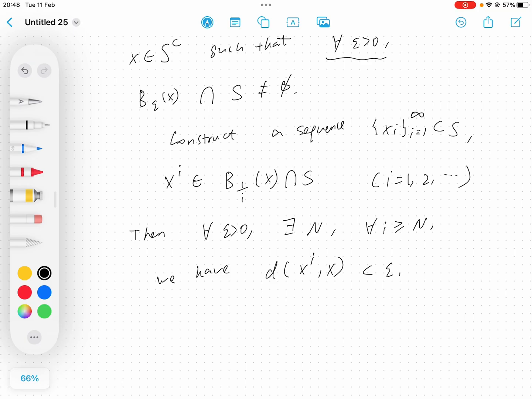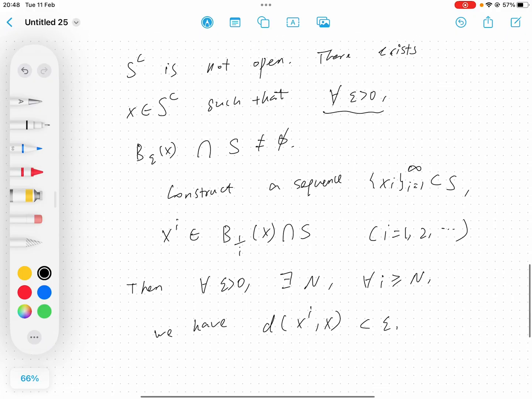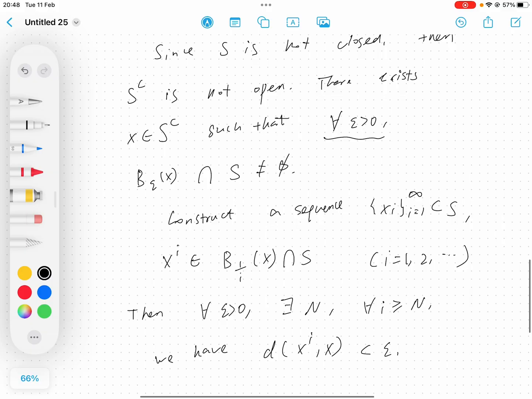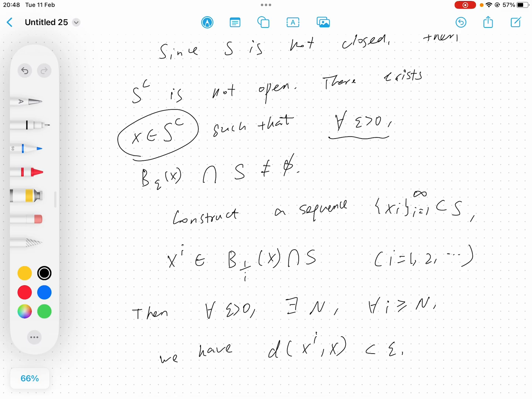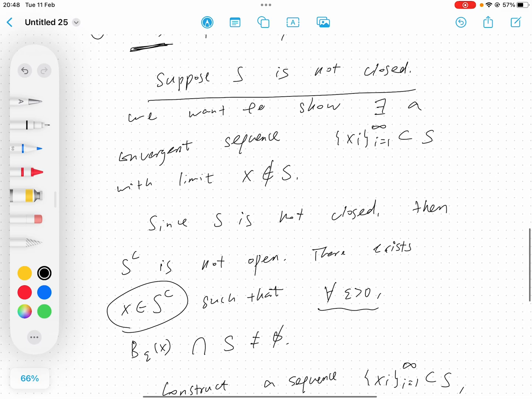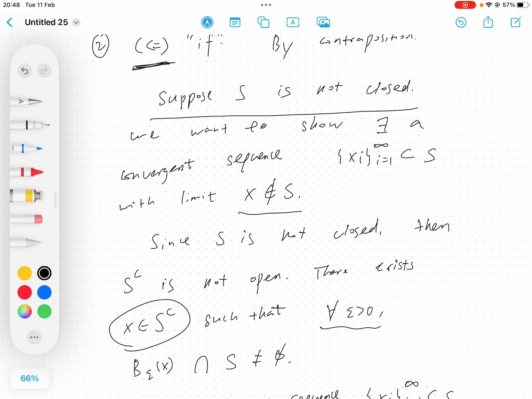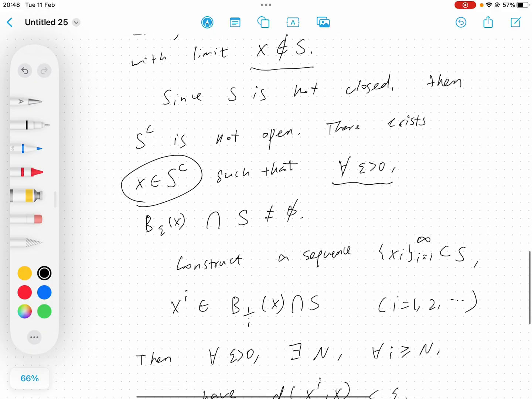From here we can see that this x is what we want for the limit of this convergent sequence xi from 1 to infinity. And we also know that this point x is inside of S complement, which is something that we want, that it is not inside of S. And then this completes this proof.